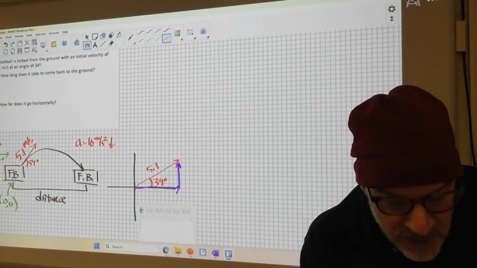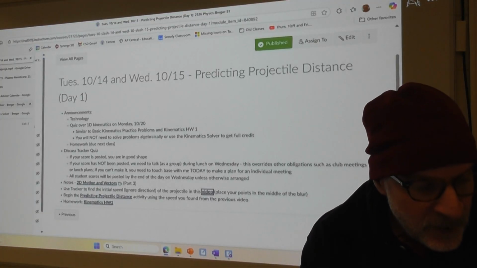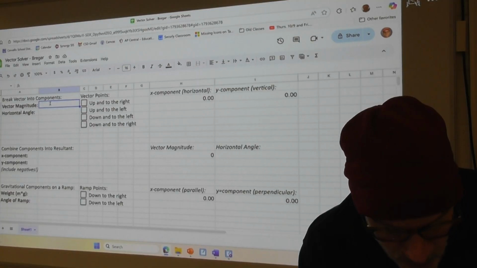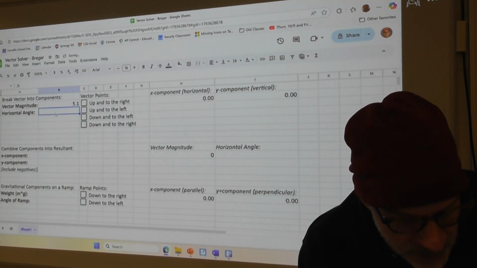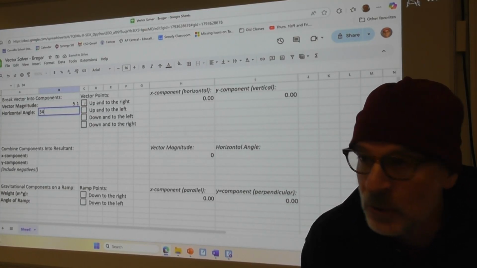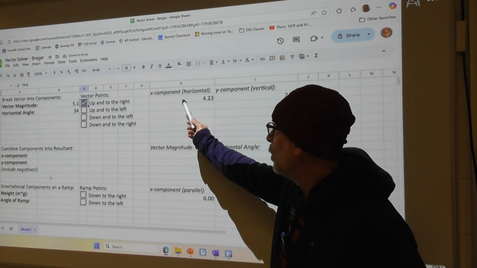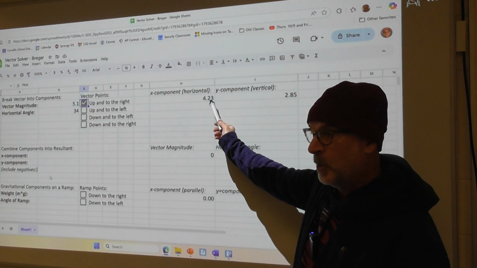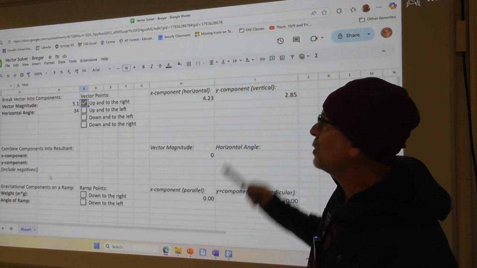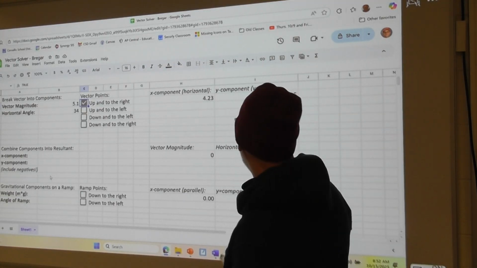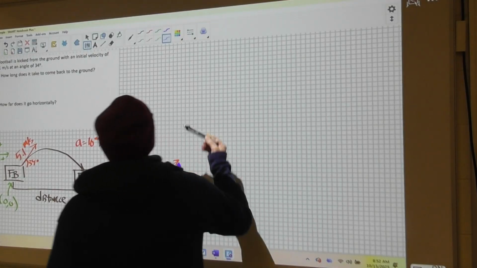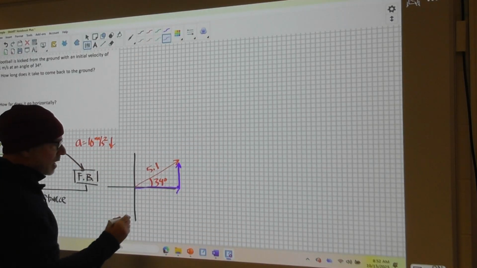So let's do that. Our magnitude is 5.1. The angle is 34 degrees, and the way I drew the whole thing, it's moving up and to the right. So that leaves me with a horizontal component of 4.23, a vertical component of 2.85. So let's put those in.